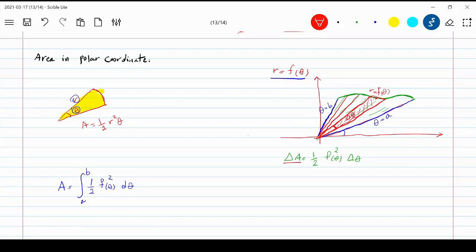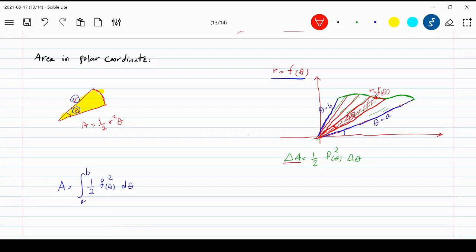So we can say delta A is almost the same as 1/2 radius squared multiplied by the angle. The angle is a portion of the angle, which is delta theta, and the radius you can consider at some point in between, depending on f of theta, wherever theta is.